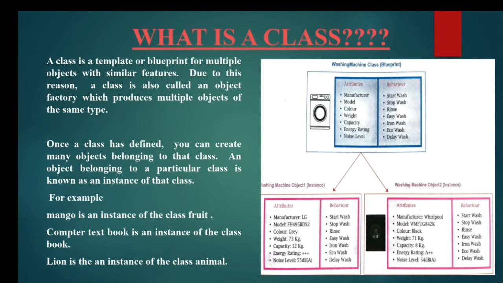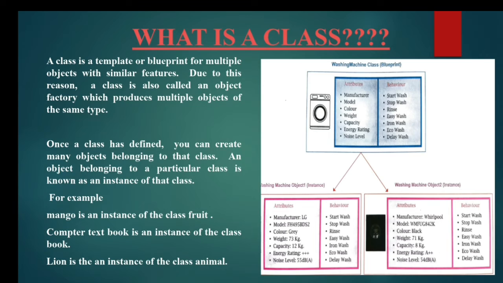For example, here we have an example. The first one is washing machine class. Washing machine is a class. In the blue color we have the blueprint. Here we have the same attributes and same behavior which we have taken in the previous slides.